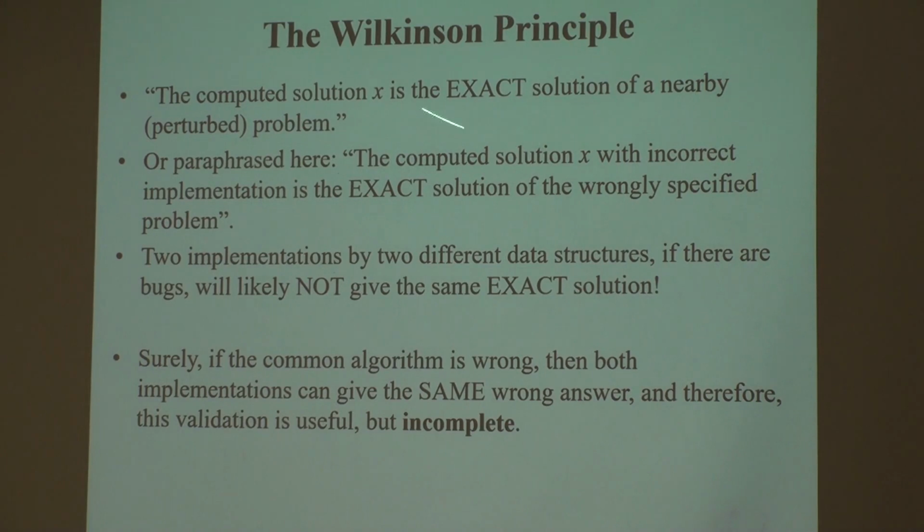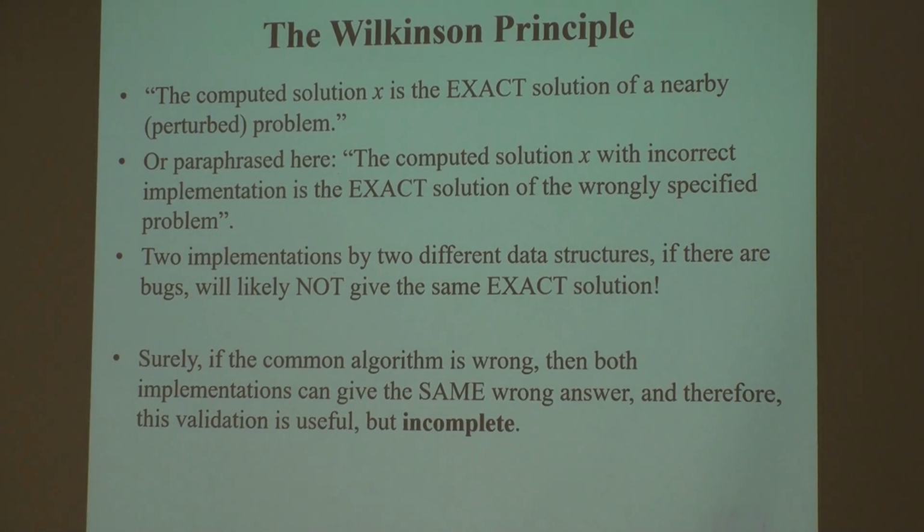What exactly is the Wilkinson principle? A computed solution x is the exact solution of a nearby problem. Even if your computed x has errors, has bugs, it is the exact solution of whatever you specified, the exact solution of a perturbed problem.